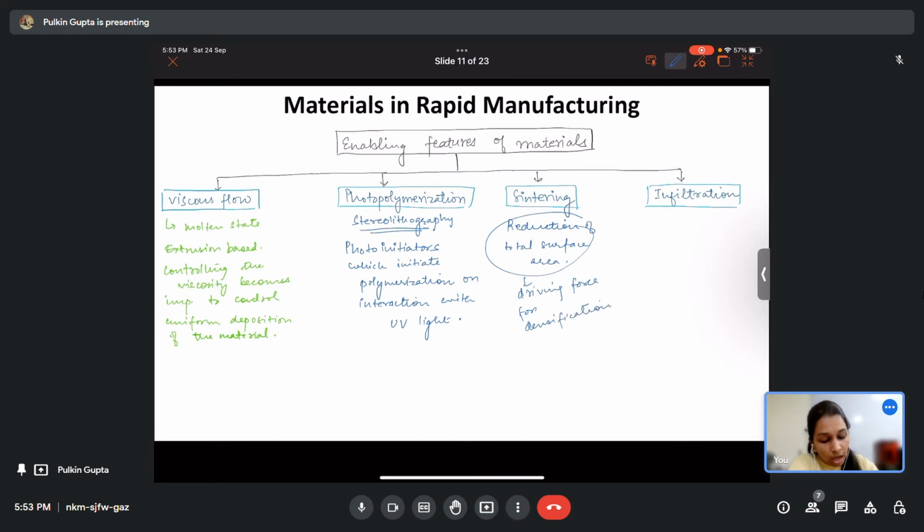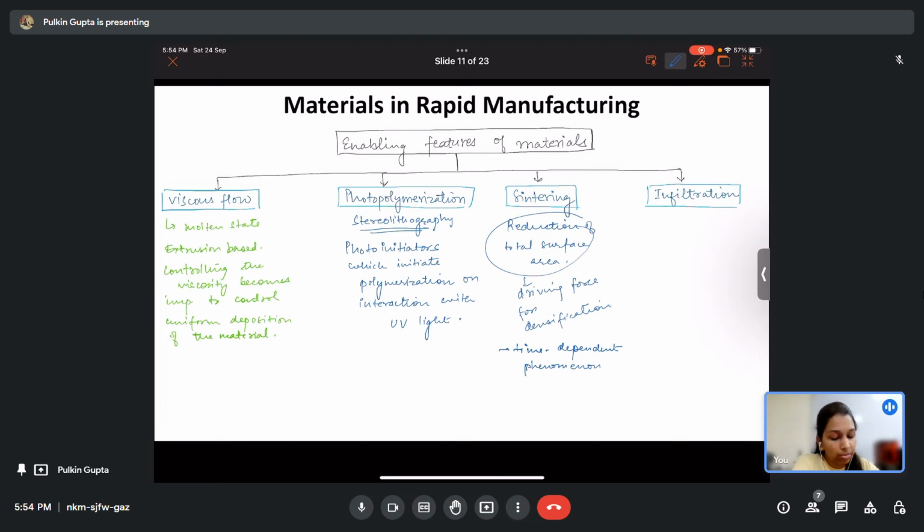So this sintering is important for consolidation of powder particles, and it is a time dependent phenomenon. So we should make sure that processes which are employing sintering have powder particles which can undergo this reduction of surface area.